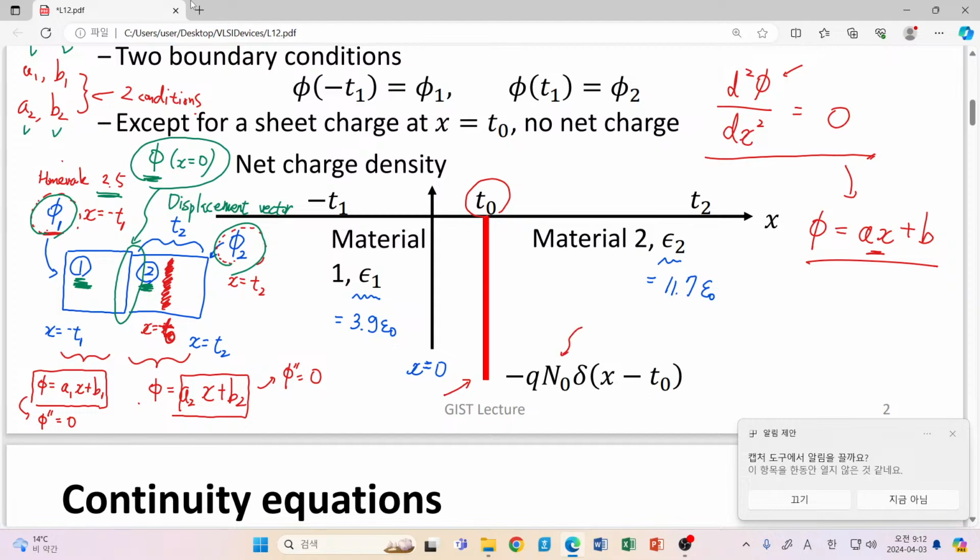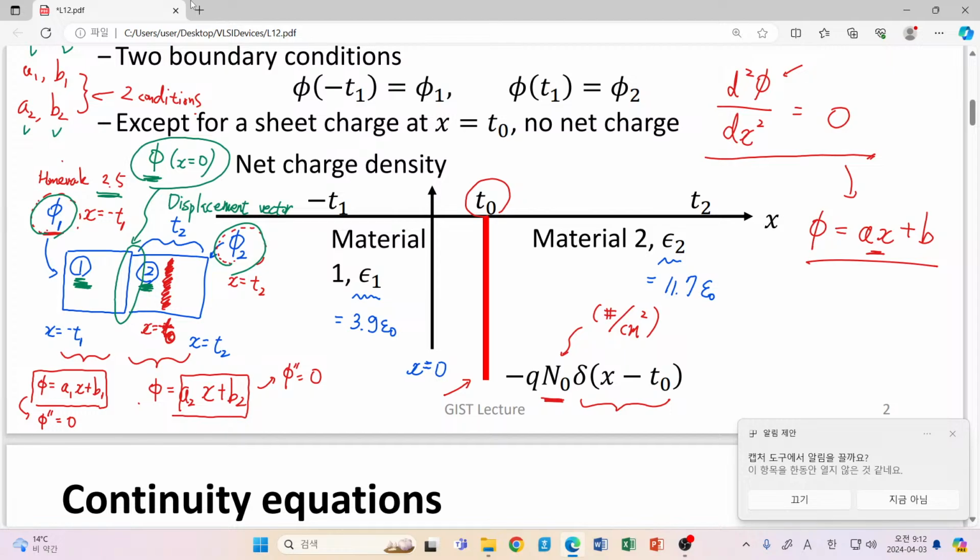Here you have n sub naught, and this n sub naught is just a number of electrons per unit area. And here you have another one, delta. In this course, I sometimes use this delta symbol to show a very short distance.